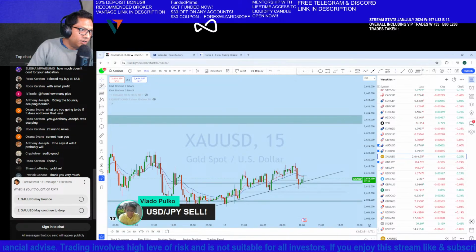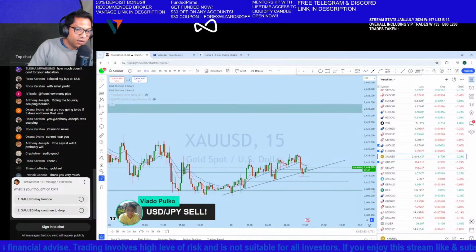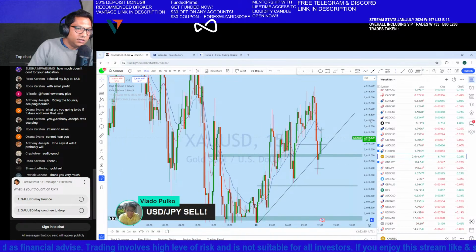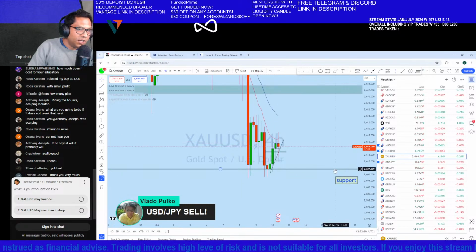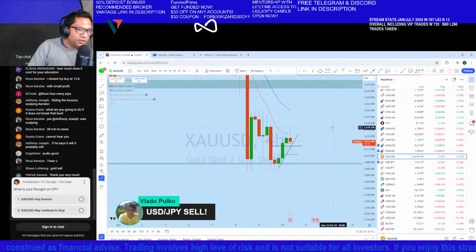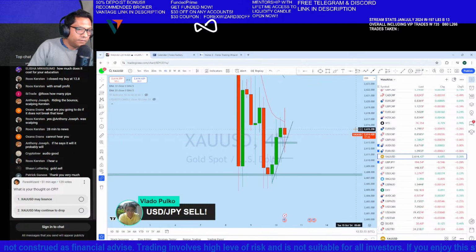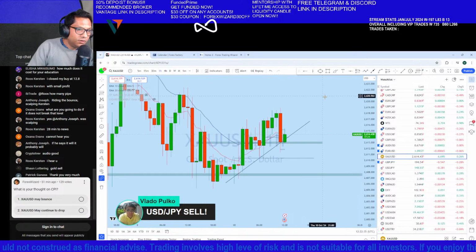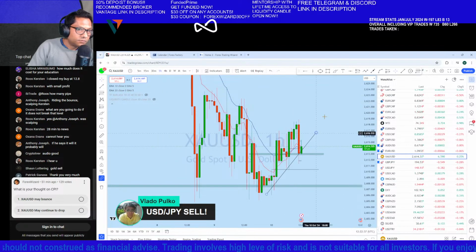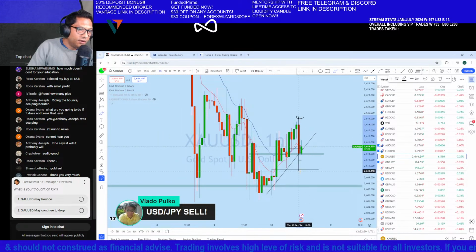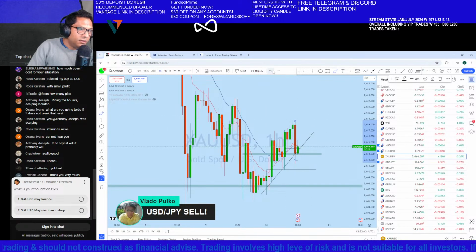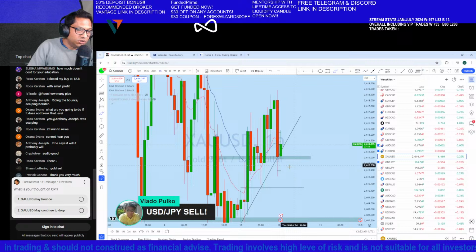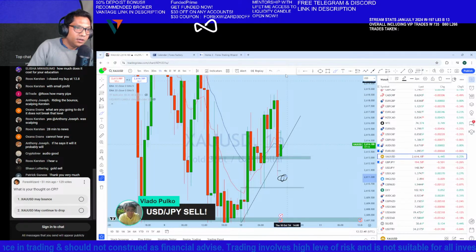So if we look at XAUUSD on the 4-hour time frame and 1 hour, we can see a pretty strong, massive drop to the support level on XAUUSD, which we have seen previously.